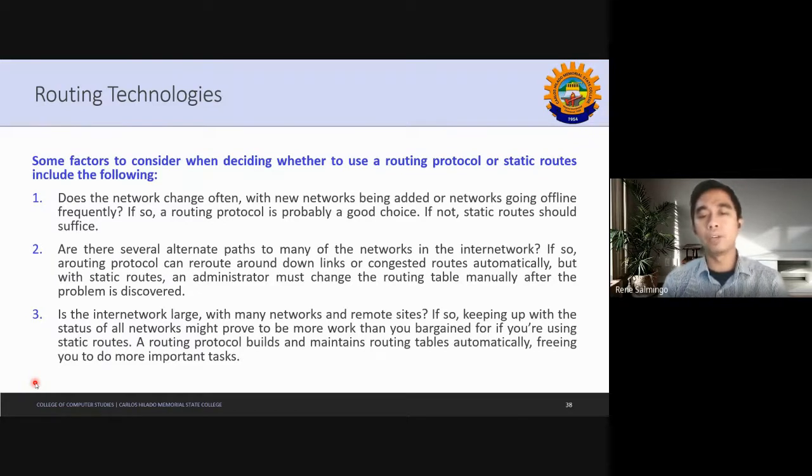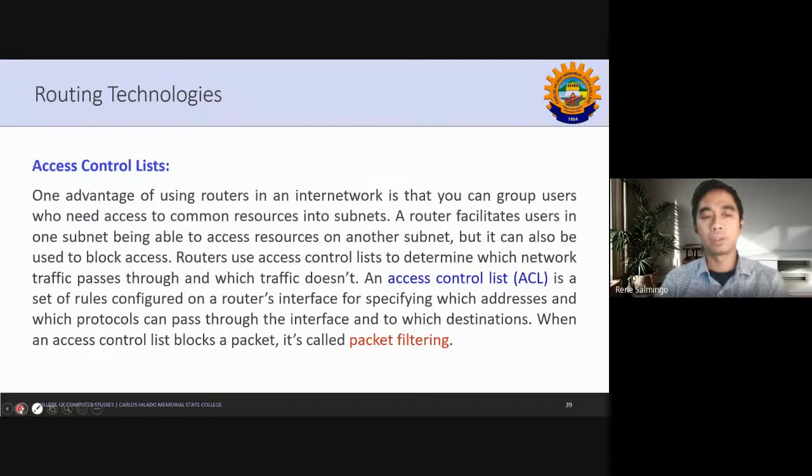A routing protocol builds and maintains routing tables automatically, freeing you to do more important tasks. That's why we use a routing protocol, because it saves you from having to manually write each entry on the routing table.